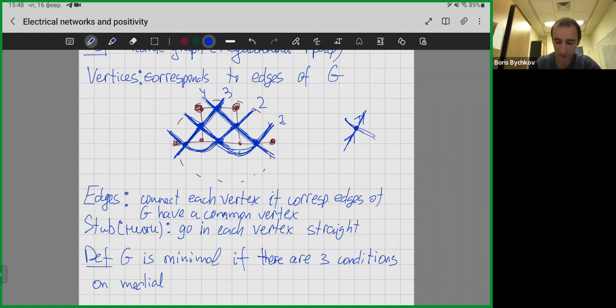So these intersections of the boundary and the stubs are not vertices of the medial graph, just ends.